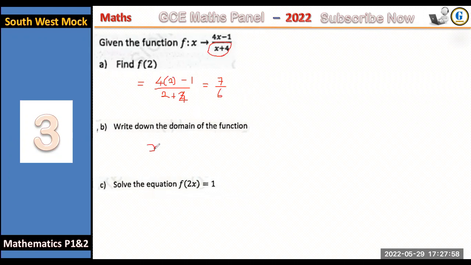So x plus 4, that's the denominator, should not be equal to 0. Why? Because if it is equal to 0, the function will not be defined. And what does this imply? That x should not be equal to which number?